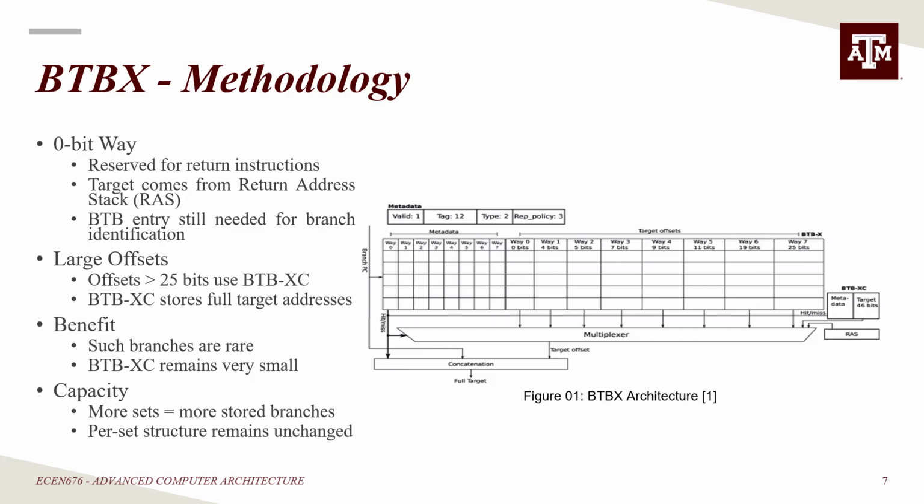In BTBX, the 0-bit way is reserved for return instructions. In this case, the target is not stored in the BTB but is instead obtained from the return address stack. For branches with offsets larger than 25 bits, a separate structure called BTB-XC is used to store full target addresses.